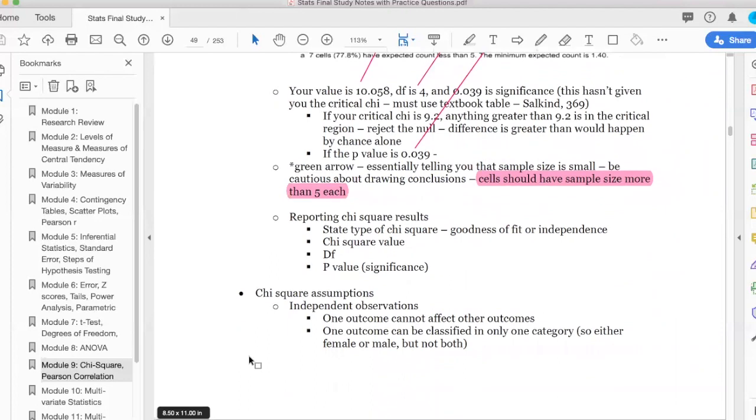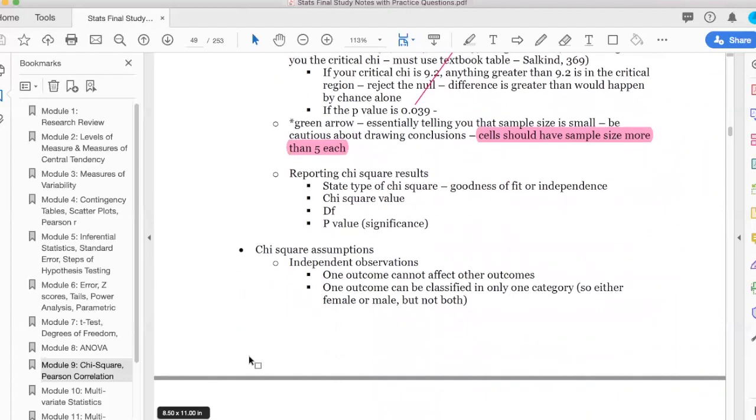Okay, goodness of fit. So you get a question, it's talking about goodness of fit or a test for independence. We are talking about chi-square results. If you're going to report the results, you need to state the type of test. So was it a goodness of fit test or an independence test? Now remember, the goodness of fit is testing for how representative this is of the population.